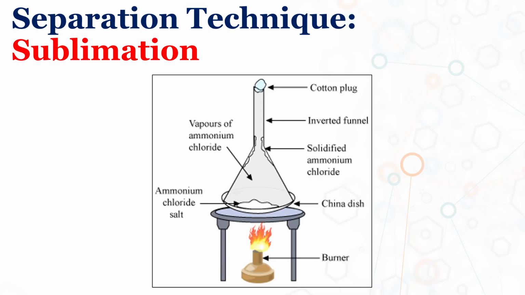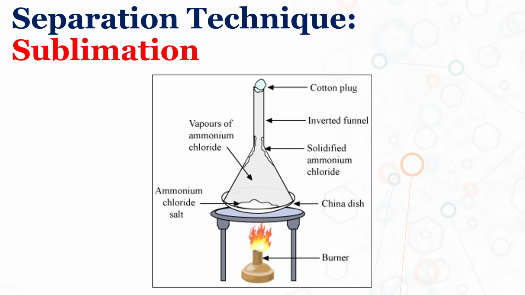This is another technique, which is sublimation. However, this one is quite different from our experiment. For discussion purposes, we have here ammonium chloride, a salt which is subjected to heat.